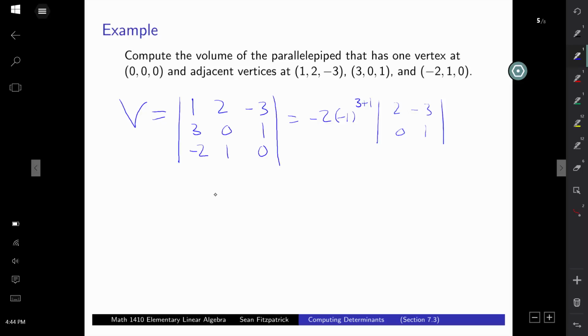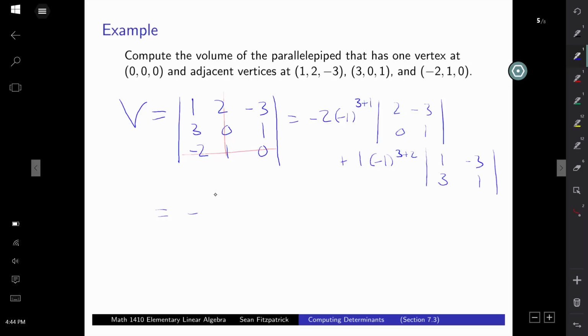Deleting column 1, row 3, and then 1 times minus 1 to the 3 plus 2, and if I delete row 3, column 2, I am left with 1, 3, minus 3, 1.